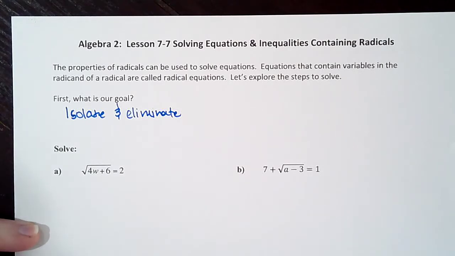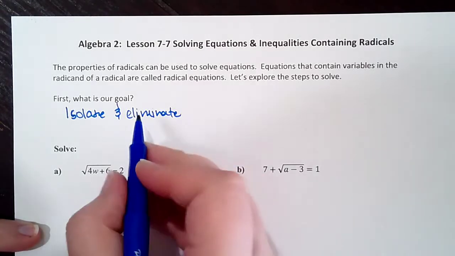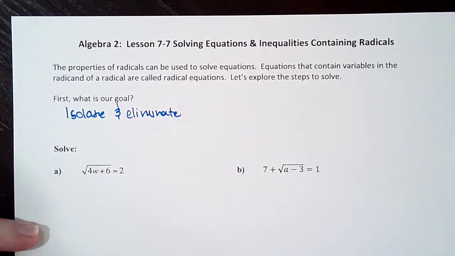If I isolate the radical, I can deal with it. If it's not isolated, there's more steps to simplify before I isolate. Once I've isolated it, I'm going to use a few different methods to eliminate. The first one being usually just squaring it. The majority of these are going to be square roots, so it makes sense that we are going to square them in order to get rid of the radicals.